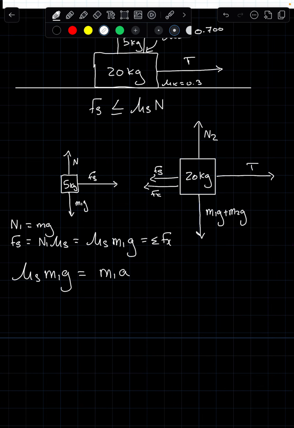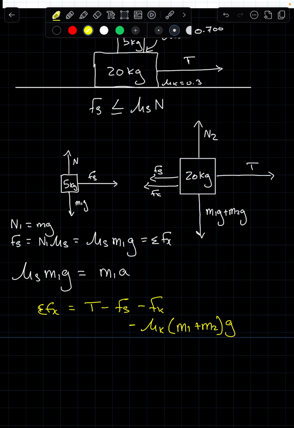Now, let's look at our second diagram. Let's write this in yellow. We have the sum of F x forces being tension, subtract F static, subtract F kinetic. F kinetic is going to be the coefficient mu k times M1 plus M2, factoring out a g.